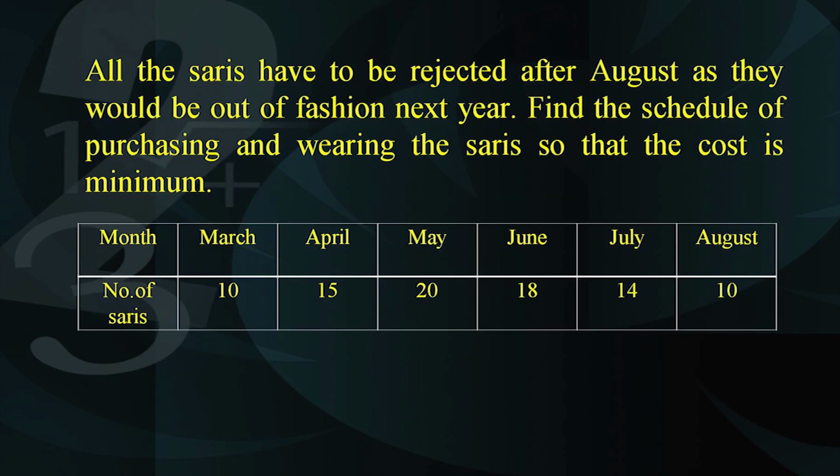All the sarees have to be rejected after August, as they would be out of fashion next year. Find the schedule of purchasing and washing the sarees so that the cost is minimum. So, this table is given to you as the data, and you are required to model this problem as a linear programming problem.